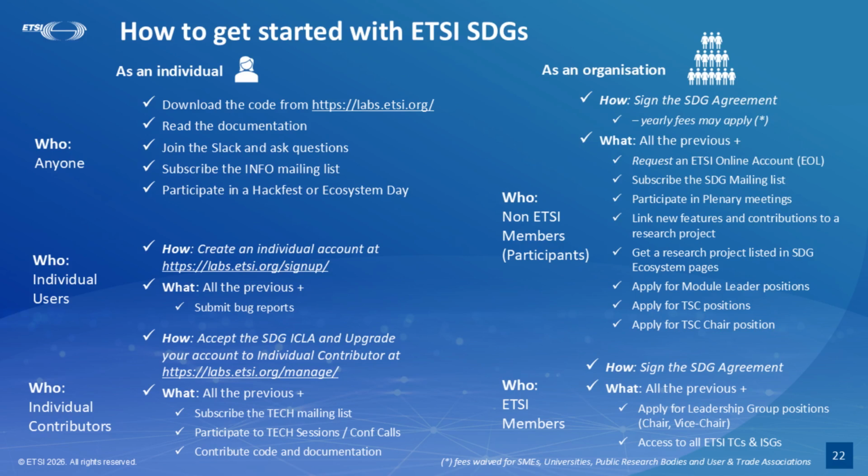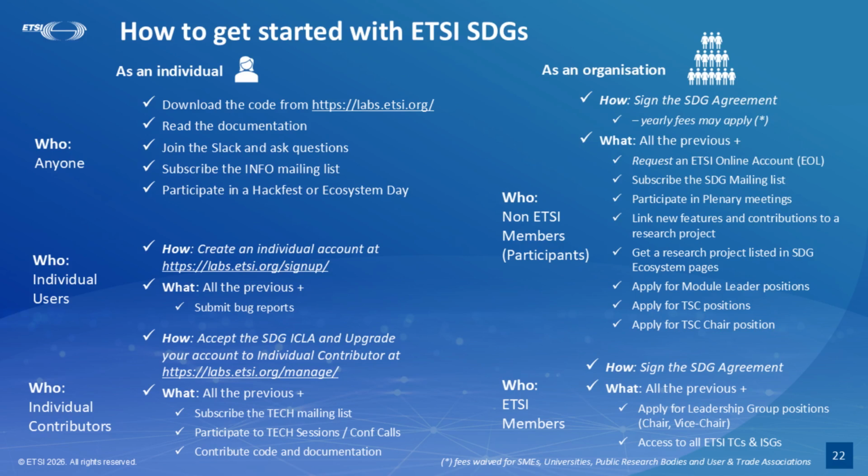Organisations join by signing the SDG agreement, which for non-ETSI members may require a yearly fee. Fees are waived for SMEs, universities, public research bodies, and user and trade associations. Once an SDG agreement is signed, the organisational representatives can create an ETSI online account and submit their code contributions.